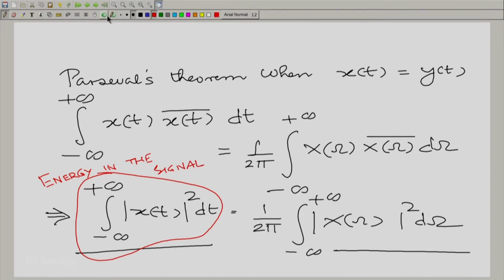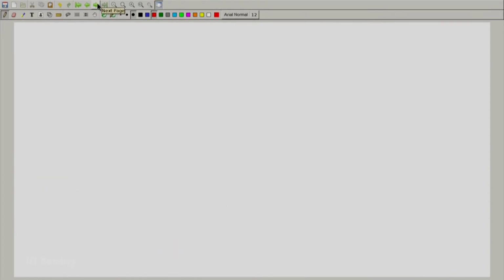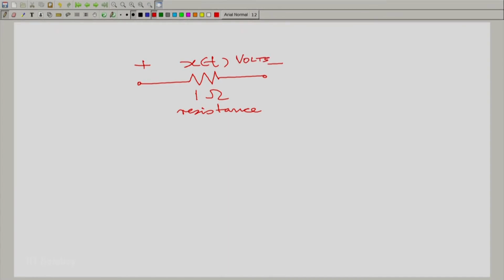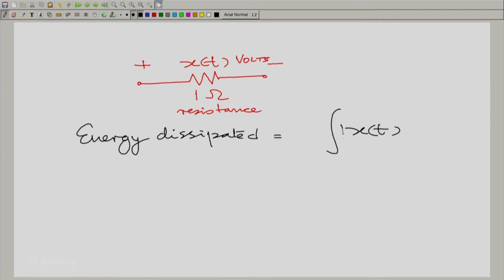And it is not surprising that we call it the energy, because after all, if x t were a voltage across a 1 ohm resistance, as a function of time, then the total energy consumed, or energy dissipated rather, by the resistance is indeed the integral of mod x t squared dt over all t.